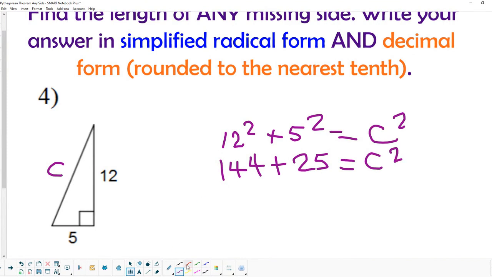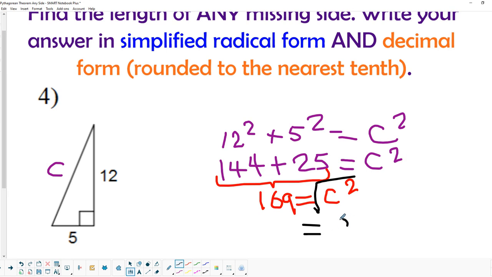When I add those two numbers together, I get a nice 169, and all of that equals C squared. So to find C, I'm going to take the square root of both sides, which gives me C on the one side, and the square root of 169 on the other, which I happen to know this time is 13.